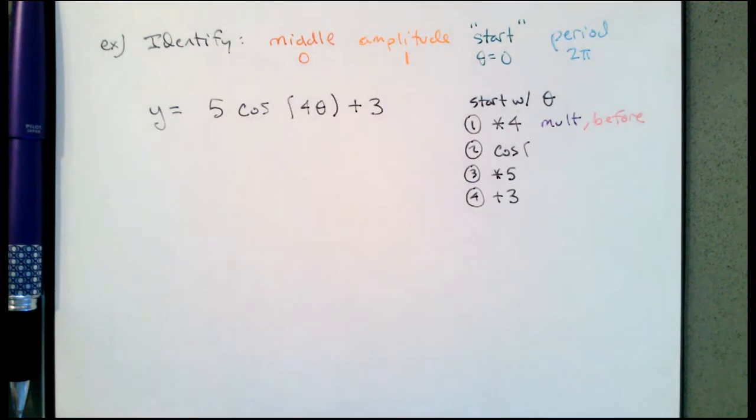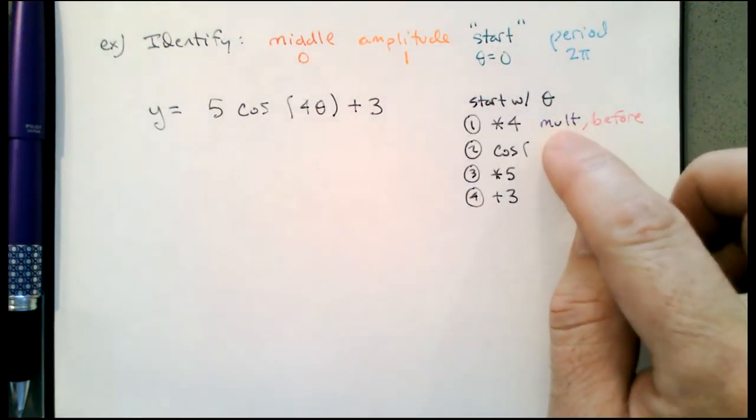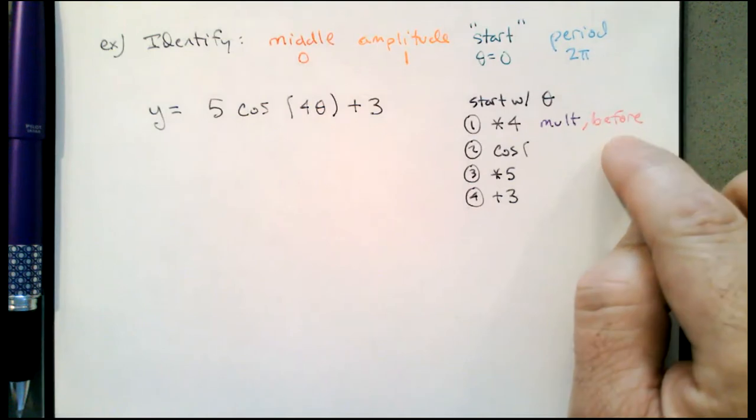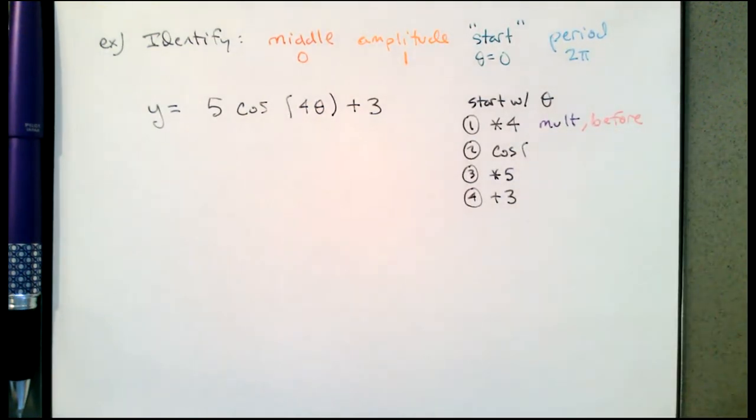And so that 4 is going to produce a stretch or a squish, a horizontal stretch. So that times 4 is going to change the period.